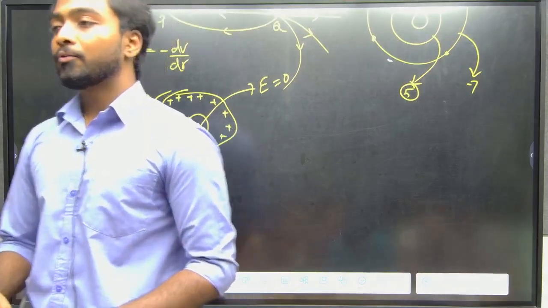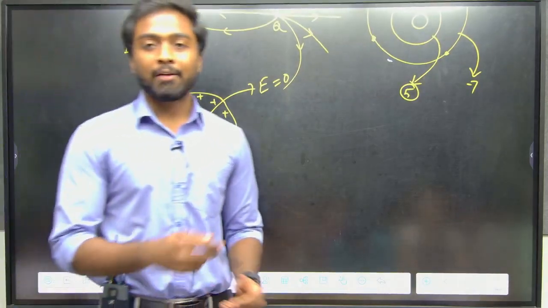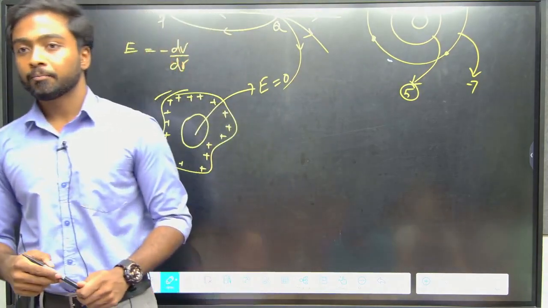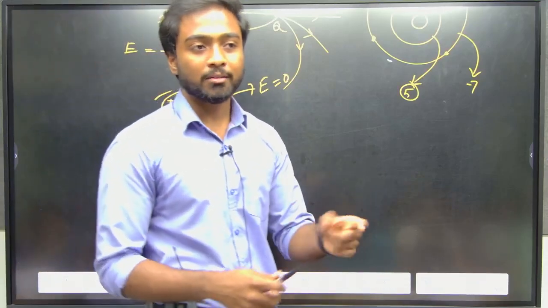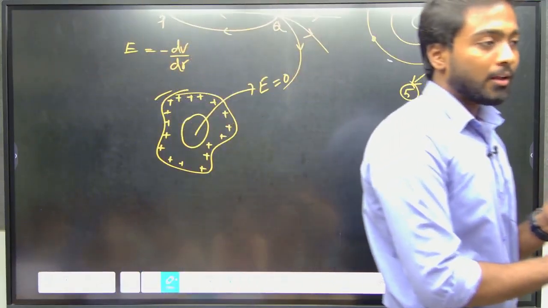So what is the meaning of this? Field lines will travel from high potential to low potential. Okay, starts from high to low in the sense starting from high and ending at low.